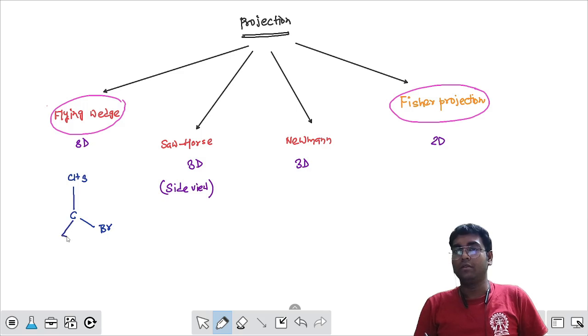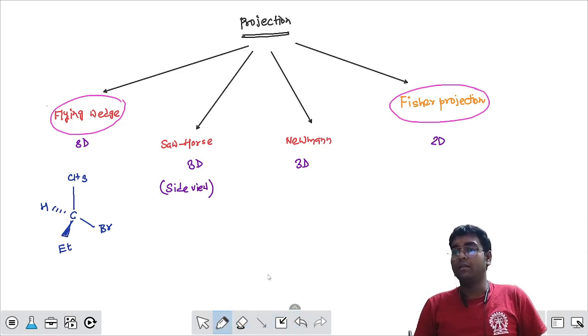Okay, this is ethyl, Et, and the below the plane is hydrogen. So the C-methyl bond and C-Br bonds are on the plane. C-ethyl bond is above the plane, we can see, and C-H bond is below the plane. Okay, so this is called flying wedge projection.